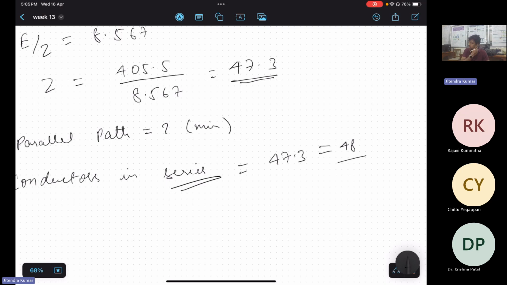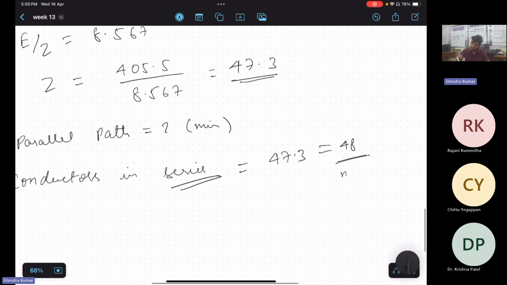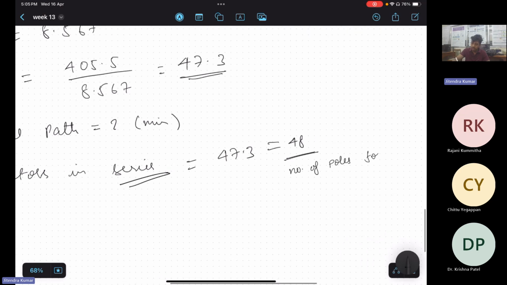Why? Because if you get a slightly higher number of conductors, it might get compensated in terms of losses. So 48 divided by the number of poles for lap winding, 48 by 2 for wave winding.